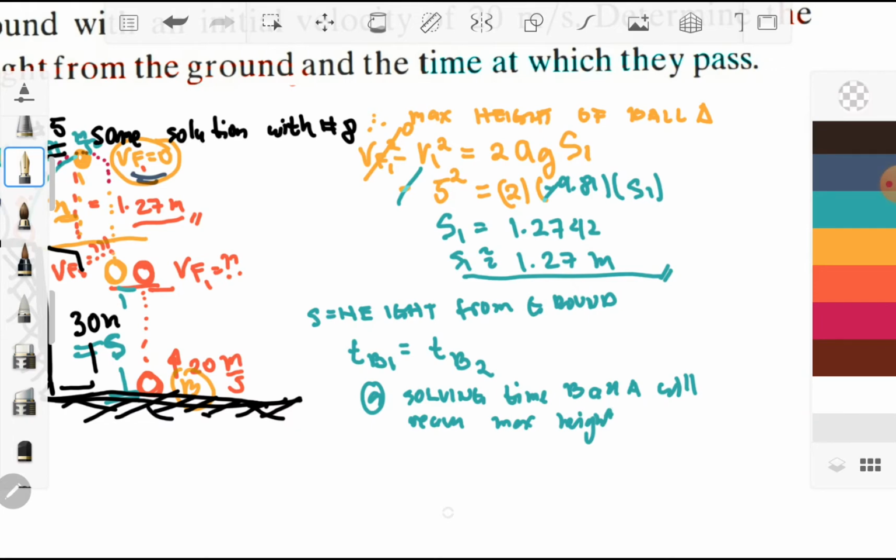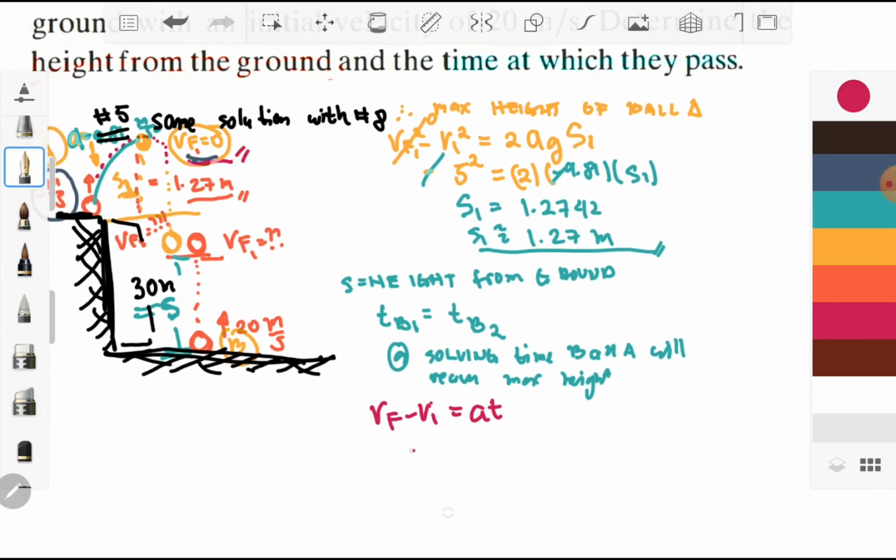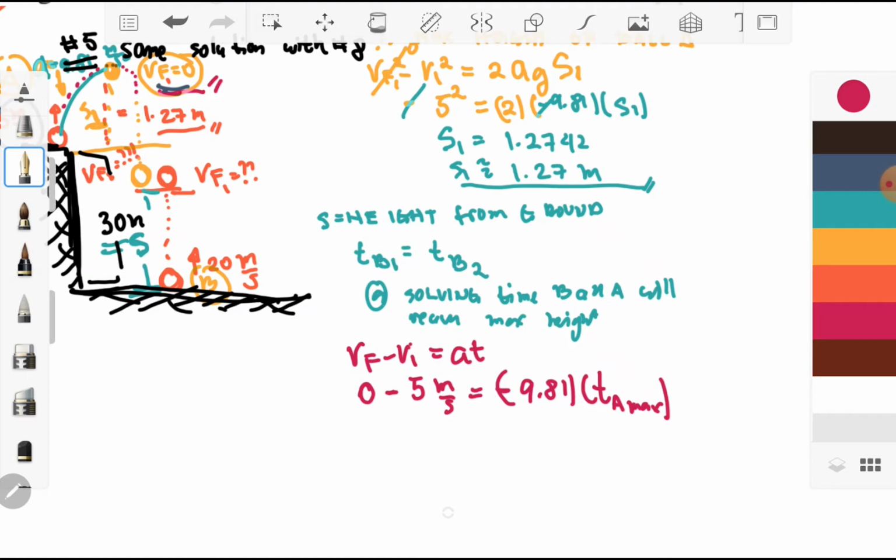So take note that we can use the formula VF less VI is equal to our AT, wherein our VF is potentially equal to 0 at maximum height yan, less our VI which is equal to 5 meters per second, which is equal to our AT, which is negative 9.81. So multiplied by our TA at TA max. Okay, so lalagay yung TA max dyan, so para hindi tayo malito later on.